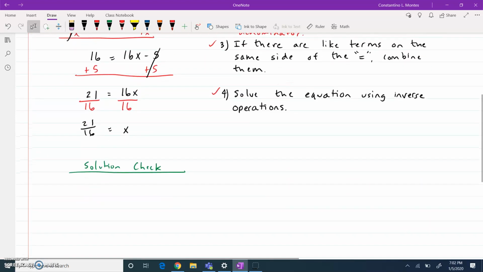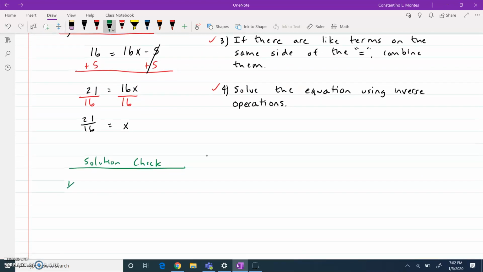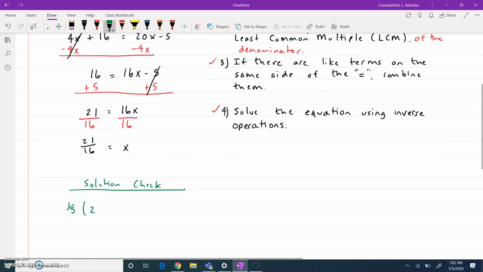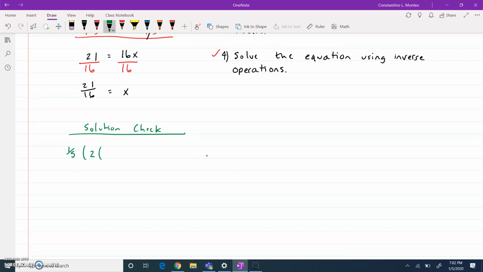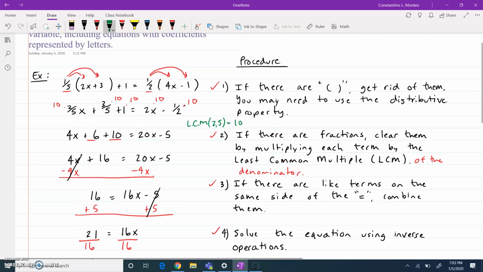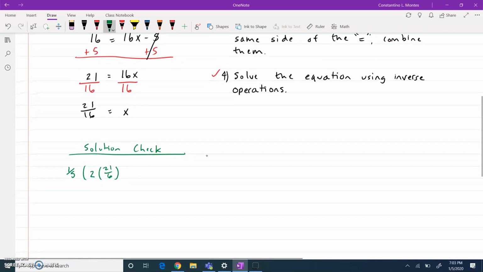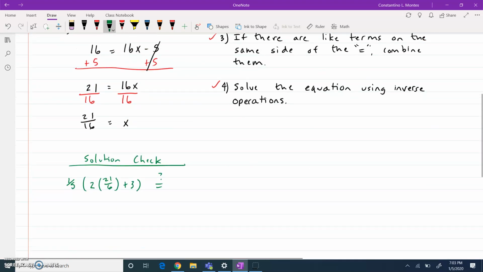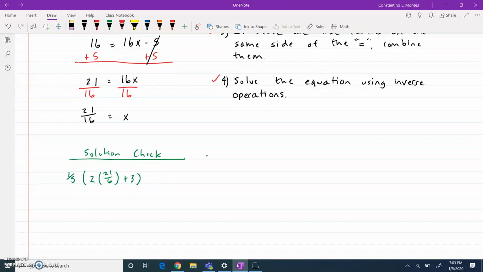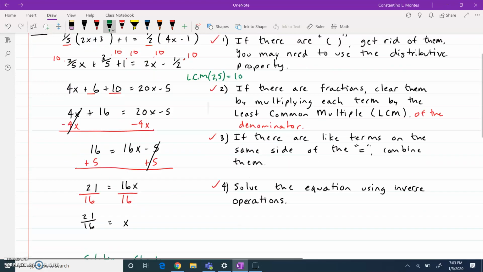So I have 1/5 times 2, and then I'm going to open up another set of parentheses, plug in 21 over 16, and I think it was plus 3. Oh, I may have missed a 1. Plus 1. Is that equal to, that's what that question mark is saying. We don't know if it is or isn't yet.